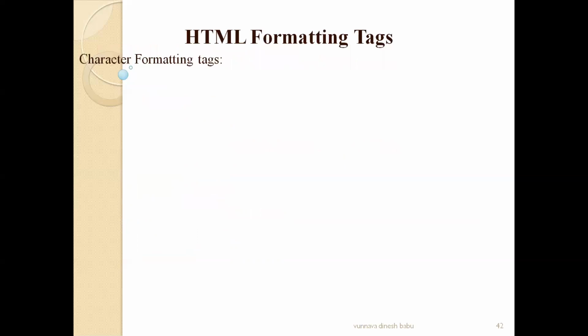These are the character formatting tags, which we have already seen in the previous session. So let us have a quick look at all these things. The boldface tag: if we want to add some boldness to a character or some string, we can use the B tag.